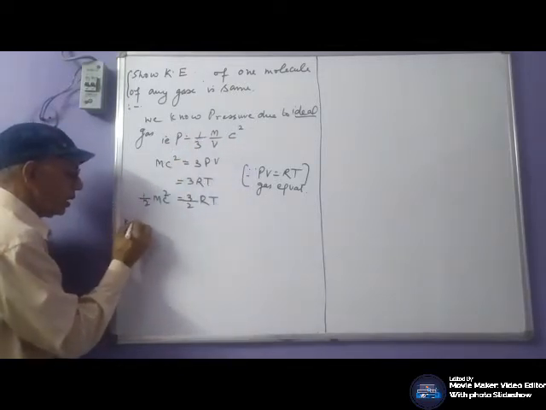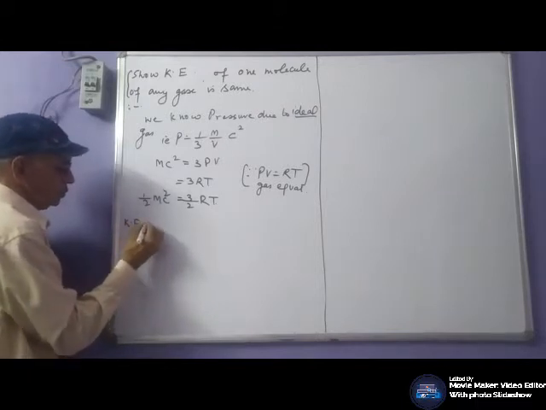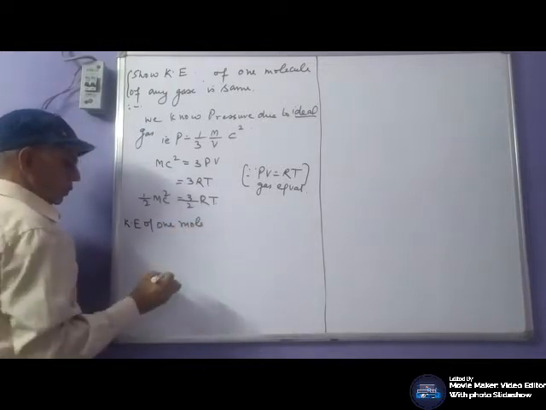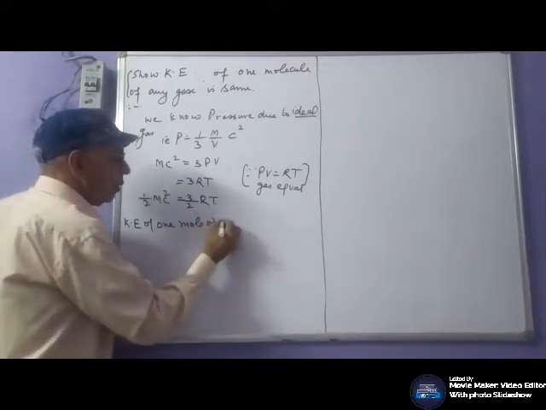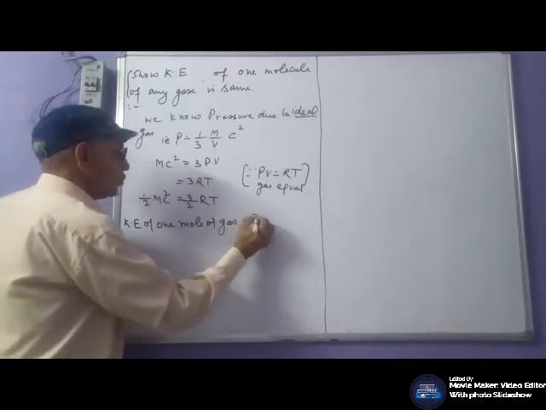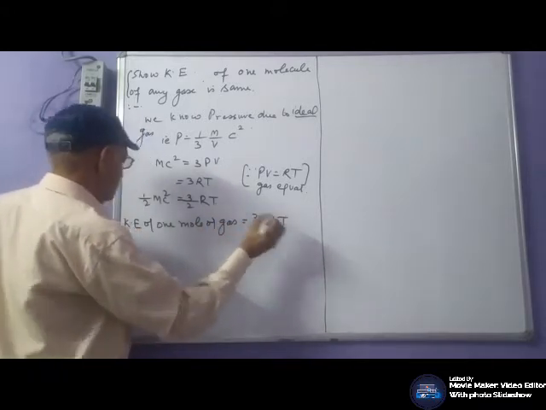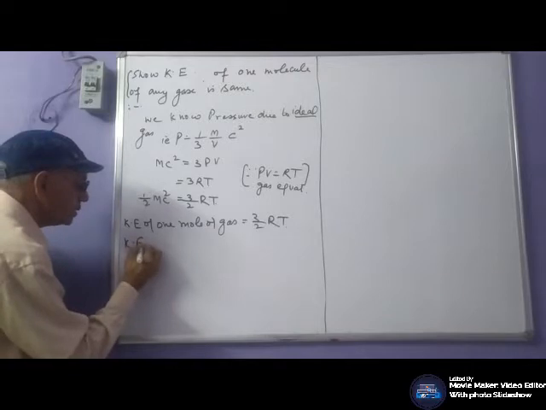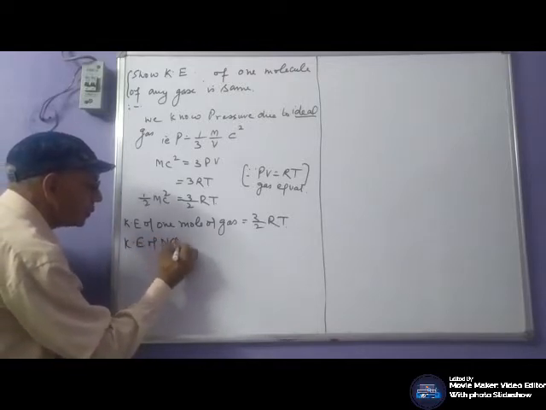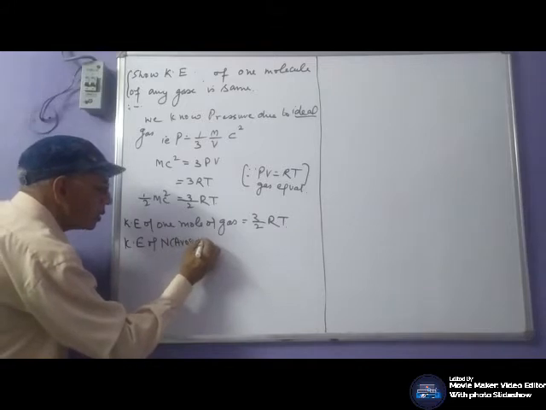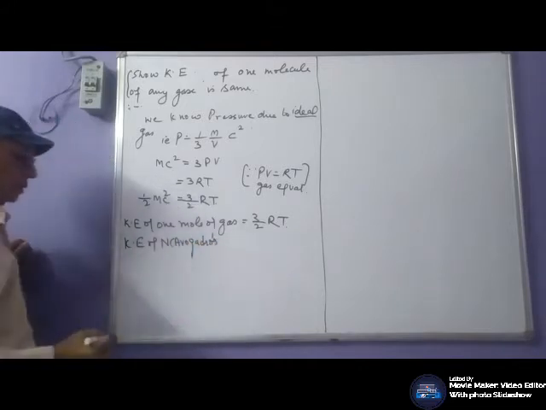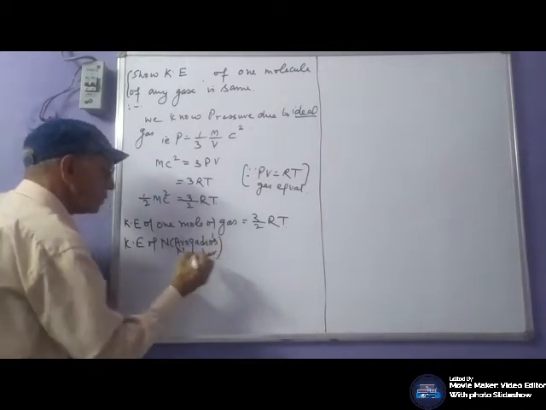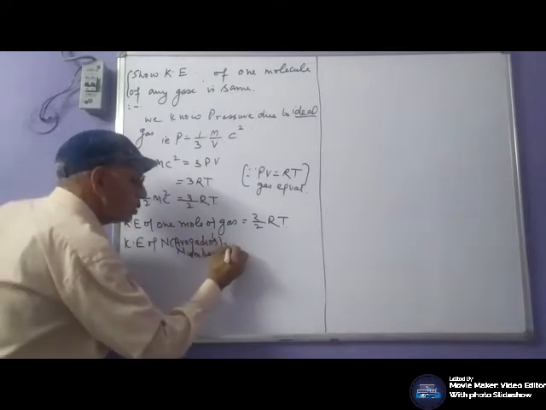So the kinetic energy of 1 mole of gas is 3/2 RT, or the kinetic energy of N molecules.